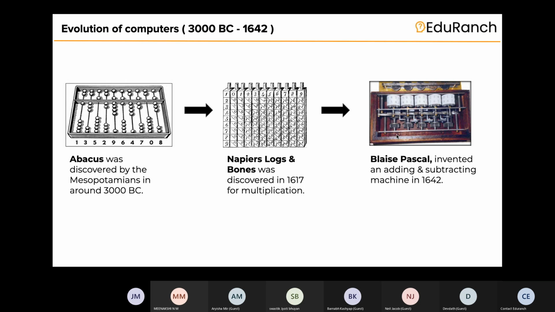This was way back. This is how the primitive computers were used. By the definition of a computer, you give an input, the machine processes it and gives you an output. Anything which does these three operations is treated as a computer for us. And that's how the primitive computers were.